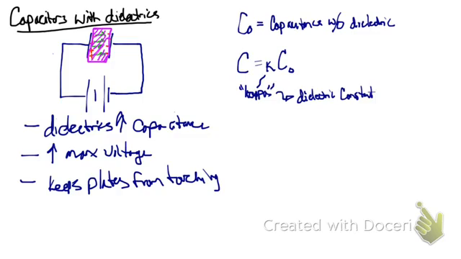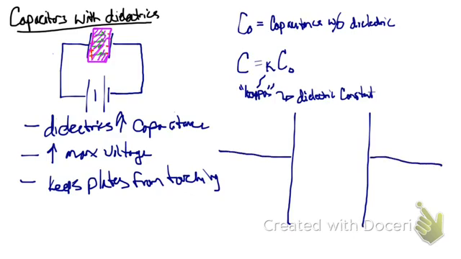So we have our dielectric, which is only going to be a couple atoms thick, and we're going to have our plus charges. We're going to have a couple plus charges over here. We're going to look at just a cross section of our capacitor here, just so we can demonstrate what's going on.